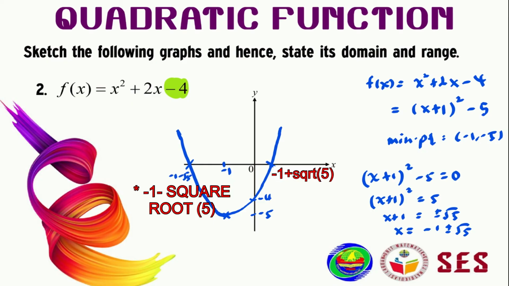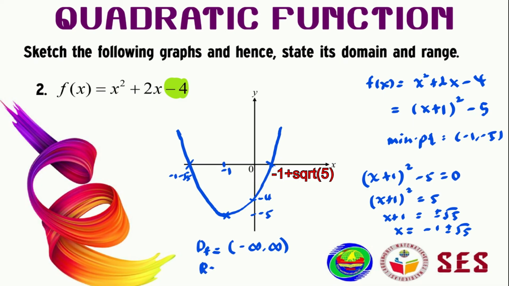For the domain of this function, there is no restriction on the x interval for this particular case, so it is still negative infinity up to positive infinity. For the range, we need to look for the interval of y where the graph is still valid.